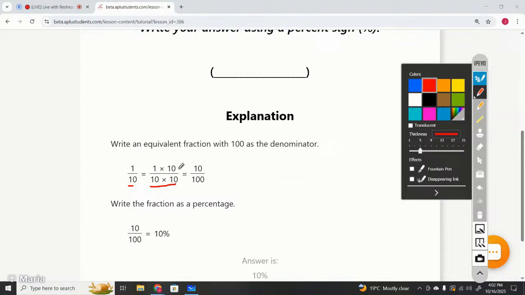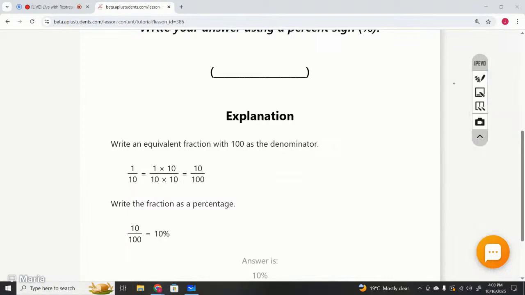So let's multiply numerator and denominator by 10. 10 times 1 is 10 and 10 times 10 is 100. That is 10 over 100. So 10 over 100 equals 10%.